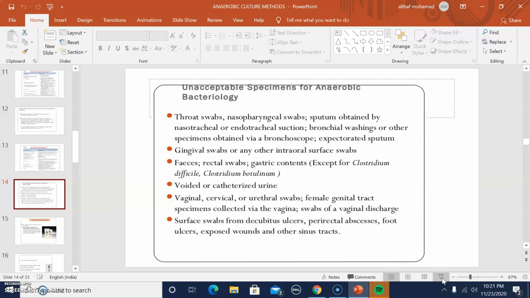Why are they unacceptable? Because there is a chance of contamination with aerobes.